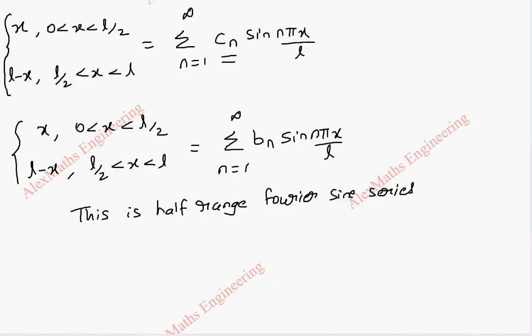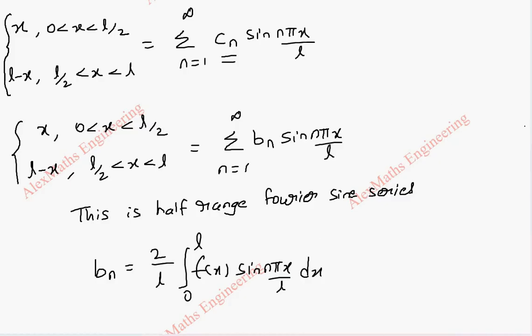So we are going to apply the formula for Bn, which is 2 by L integral 0 to L f of x into sin n pi x by L dx.